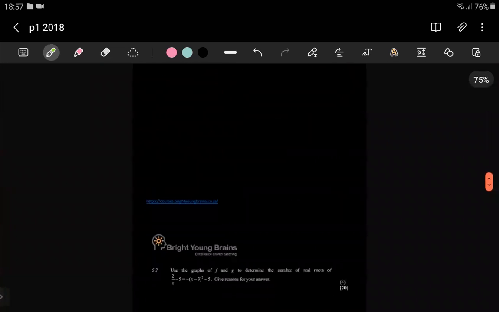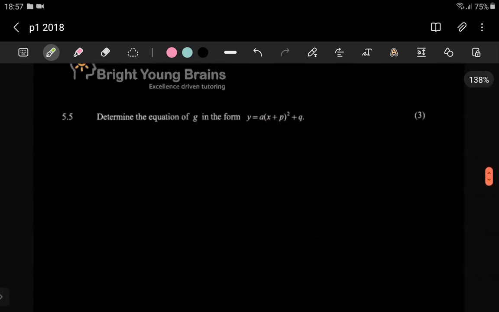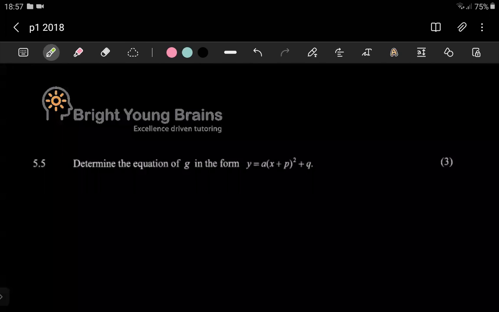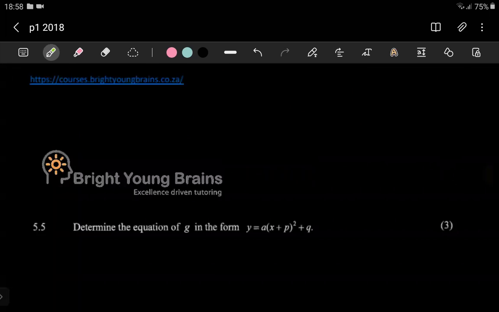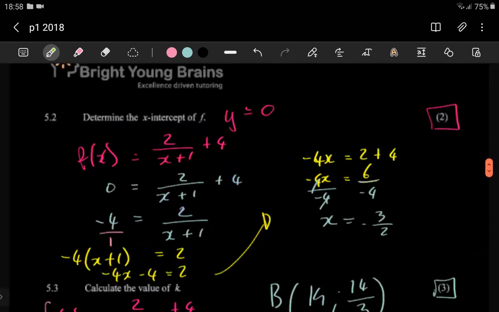Now, let's see what these follow-up questions look like. I feel like what's important about this question is the rest. For 3 marks, they're asking us to get the equation of this parabola in this format. Them asking you to get an equation in this format is them being nice, but whichever format they ask for, there's always a way to get it, especially based on the information given and all the questions asked.